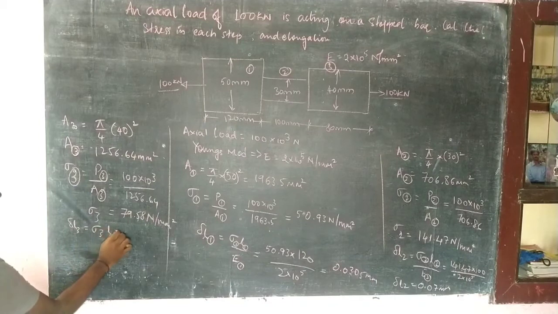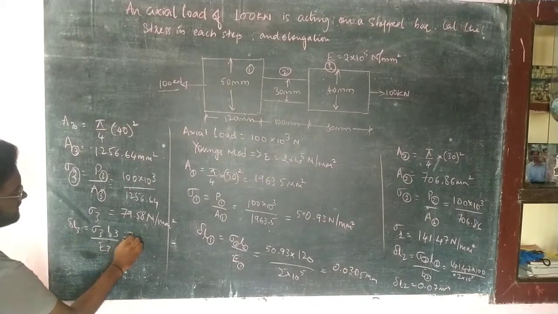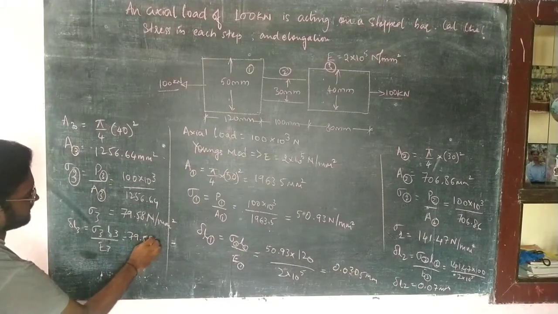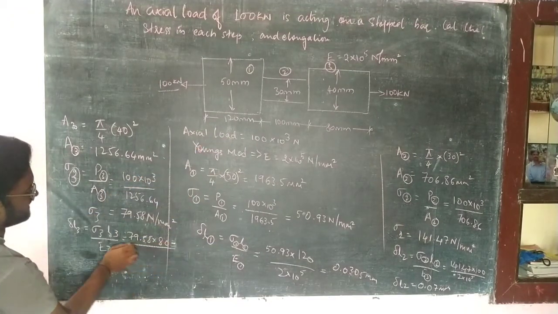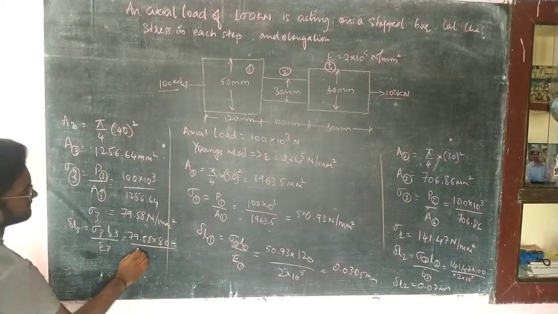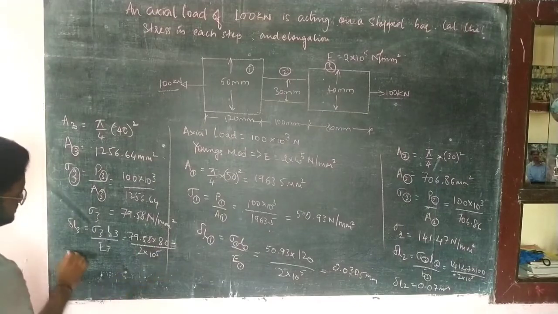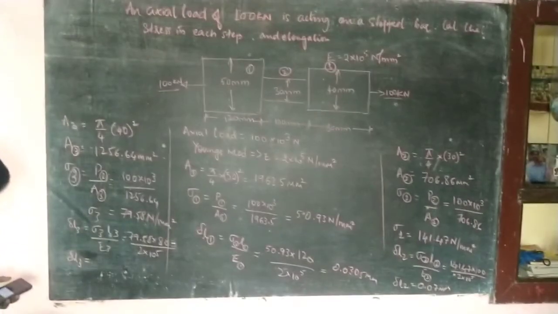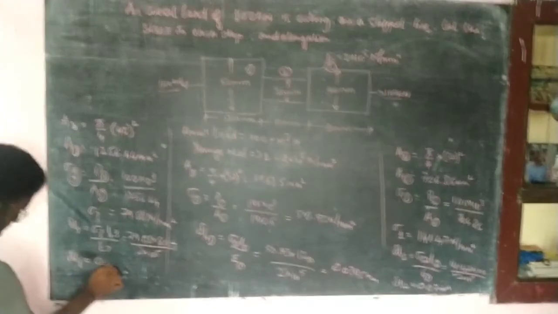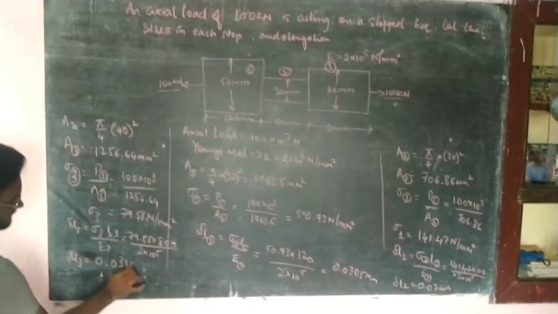Delta L3 is sigma 3 L3 upon E3. Sigma 3 is 79.58 into L3, which is 80, divided by E3, which is 2 into 10 power 5. So delta L3 is 0.0318 mm.